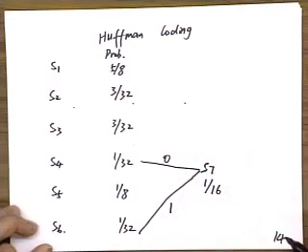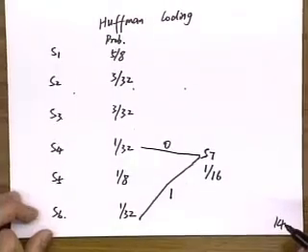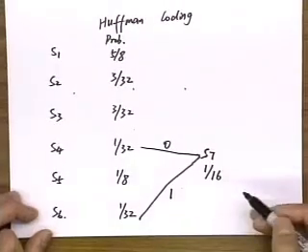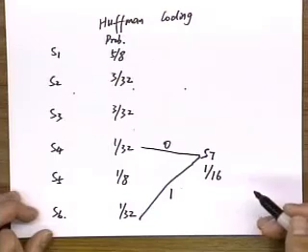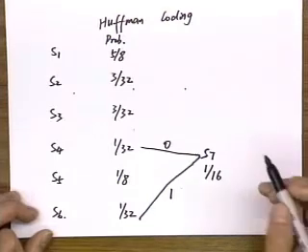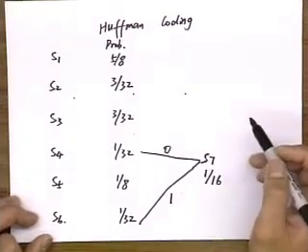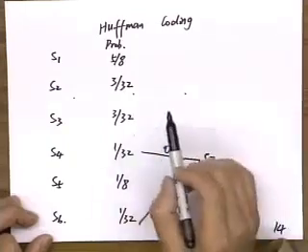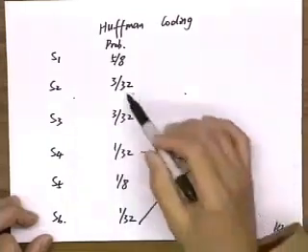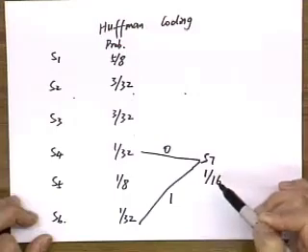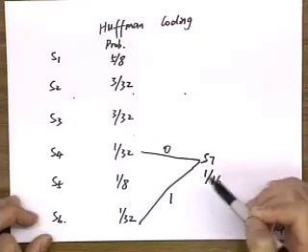Then it will pick the next 2 least likely to appear, and also combine them into a new node. In this case, S2 and S7 have the 2 least probabilities to appear.